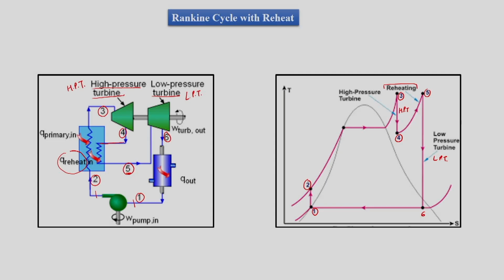So this is how we have our steam power cycle operating when we have only one reheat, and this is how the steam cycle should work if we expect the reheating to happen only once.